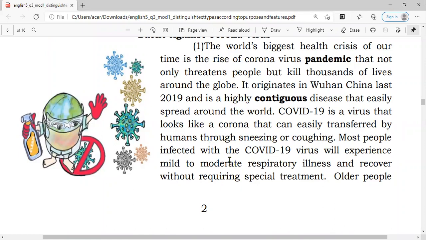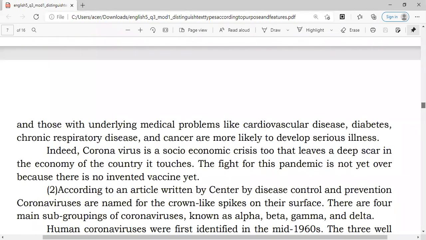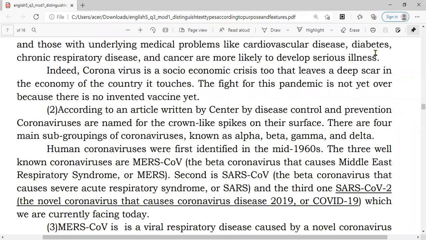Most people infected with the COVID-19 virus will experience mild to moderate respiratory illness and recover without requiring special treatment. Older people and those with underlying medical problems like cardiovascular disease, diabetes, chronic respiratory disease, and cancer are more likely to develop serious illness.